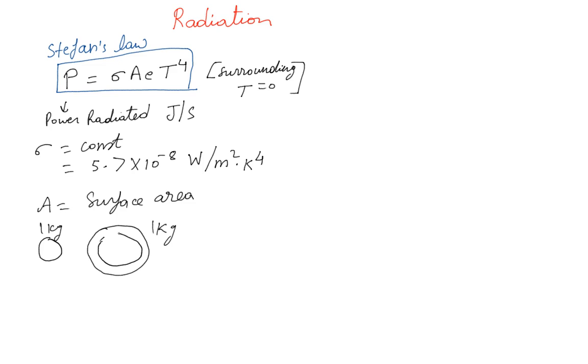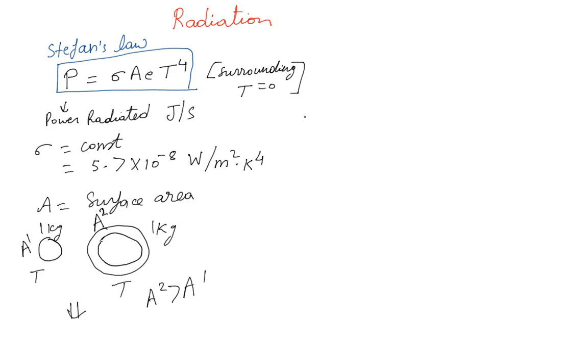This remains hollow because it has to be made from 1 kg itself, and let's say they start from the same temperature T. Then finally we will see that this one will lose energy faster than this one. So there will be more radiation in this case compared to this case. Why? Because the area in this case is larger. Okay, so you see that power radiated is proportional to the area.